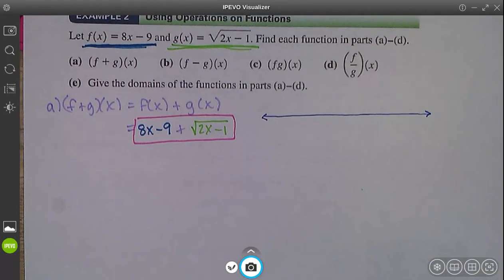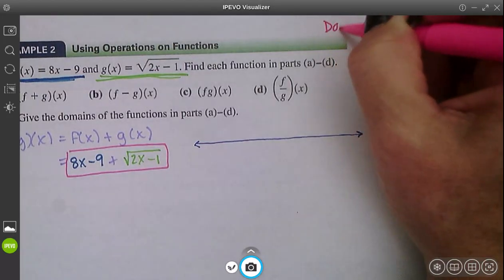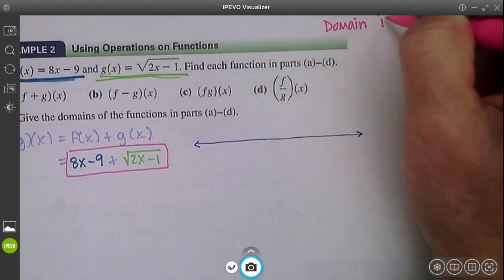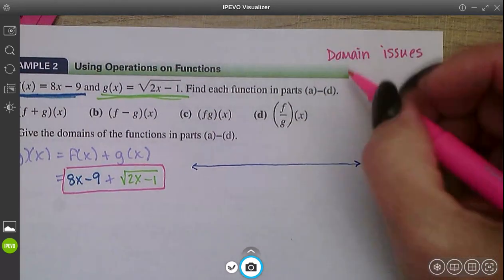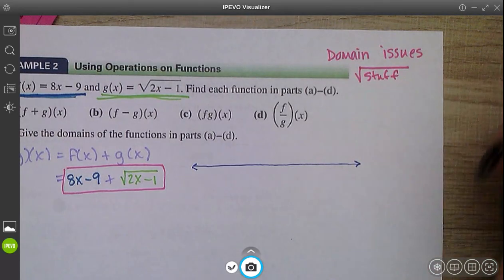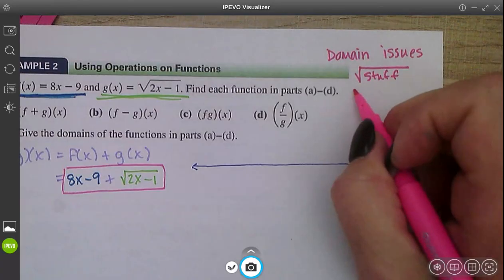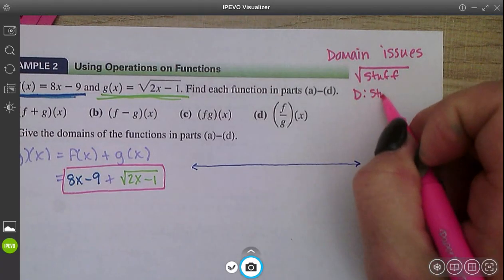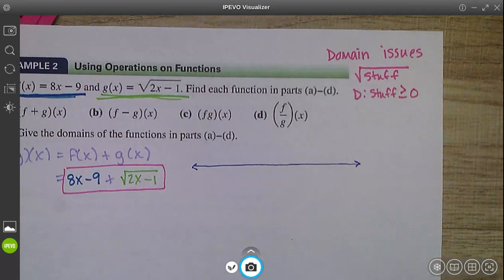Remember that for domain, there's only 2 restrictions that we have to be concerned about. One is if I have an even index radical. So if I have some stuff inside a radical, like a square root, like I do here, to find the domain, I'm going to take the stuff out of the radical, set it greater than or equal to 0. That's how I find the domain.